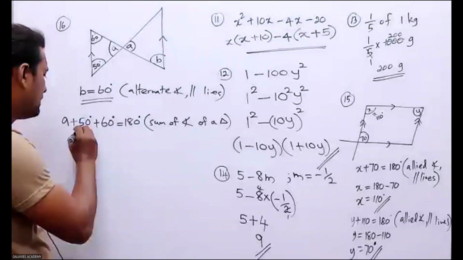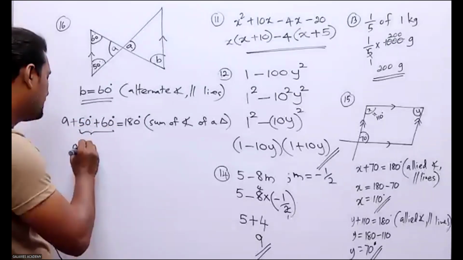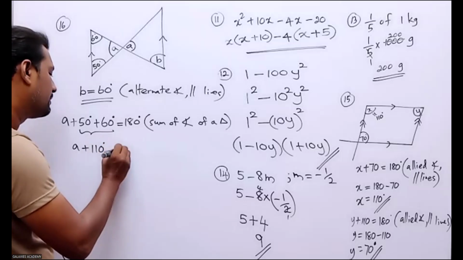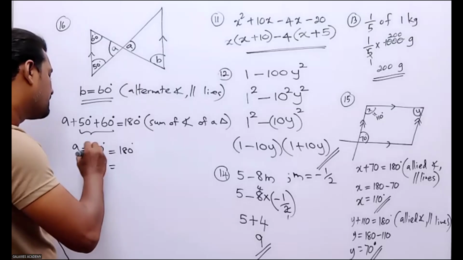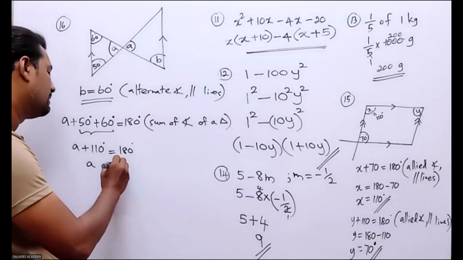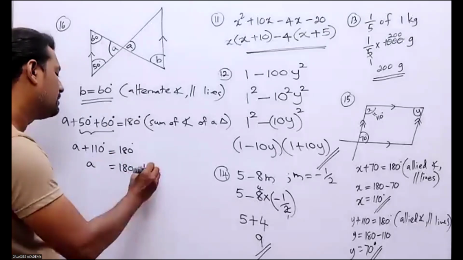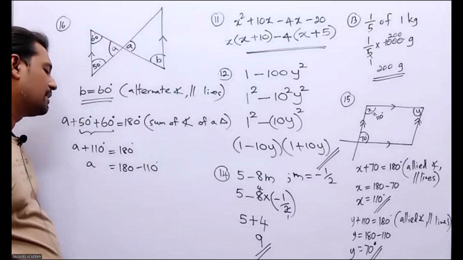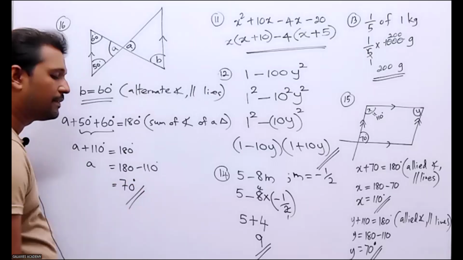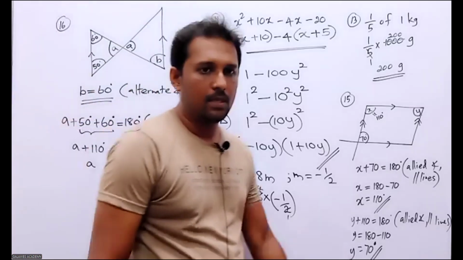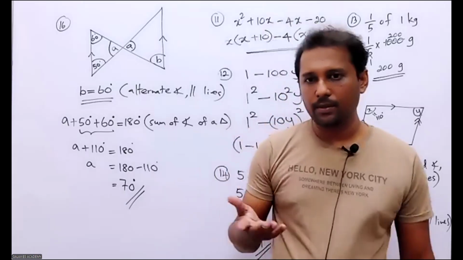I can add these two values. A plus 110 equals 180. Then this plus 110 I will write on the other side, so it should be converted into minus 110. So the magnitude of A is 70 degrees, right? And also your answer is correct, okay?